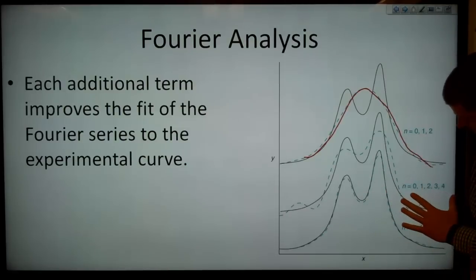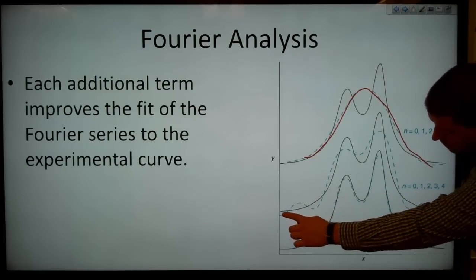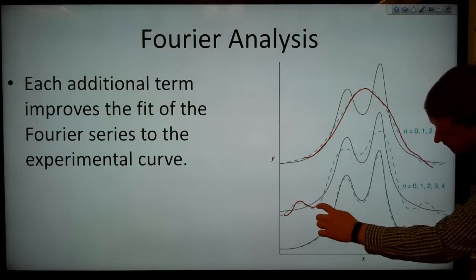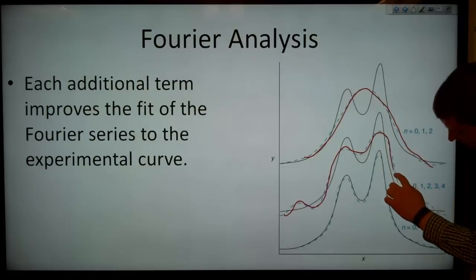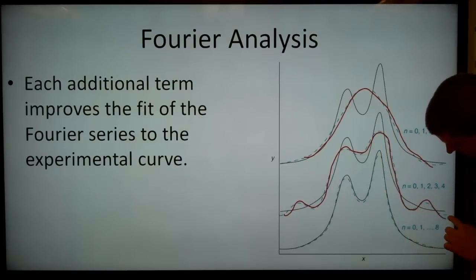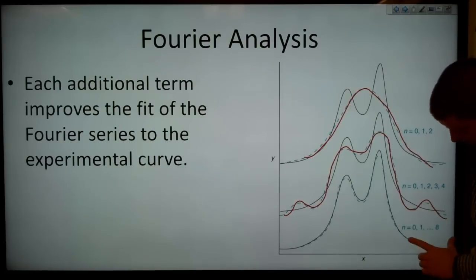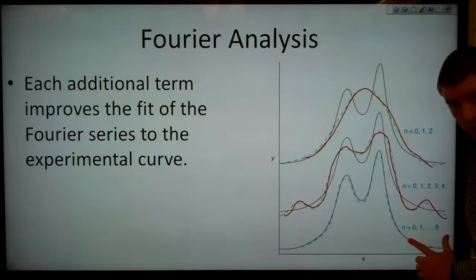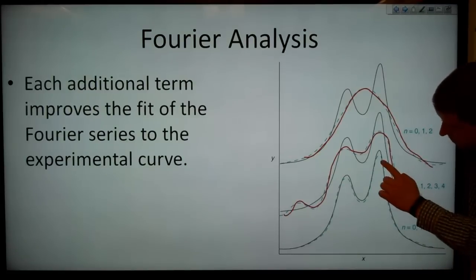If we go down here to n equals 0 through 4, then we get this curve, and you can see we've now got 2 major peaks, but we also have this peak and that peak there that we really need to get rid of. And so if we increase from n equals 4 to n equals 0 through 8, then we get a much better curve fit, but we're still not perfect.